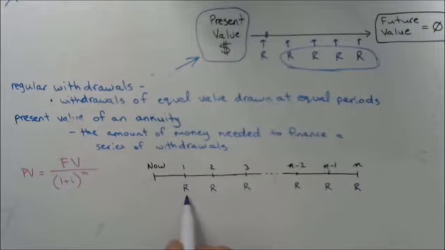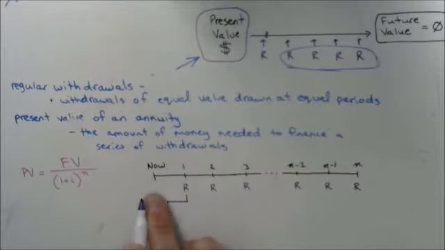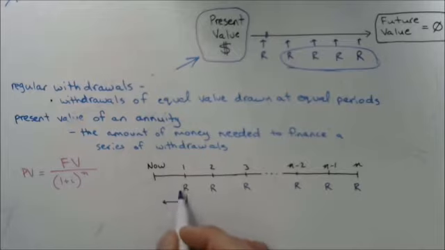Okay, so let's say I'm taking out $500 a month or $500 a week, whatever it is. This amount of money is not just going to be $500. We need the amount that is needed in the account in order to withdraw that $500.